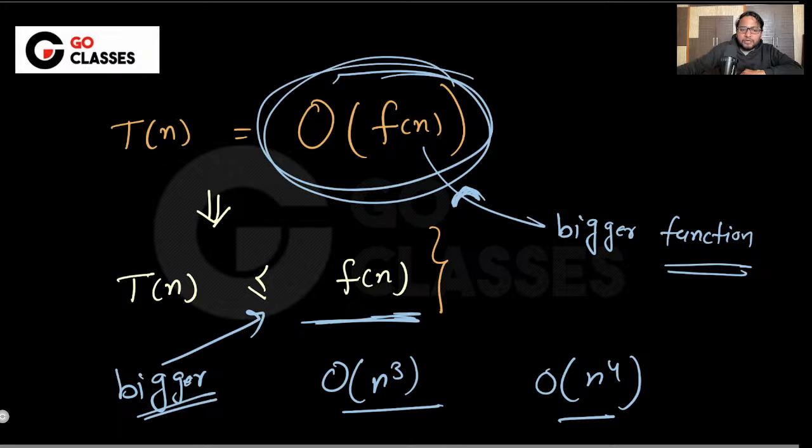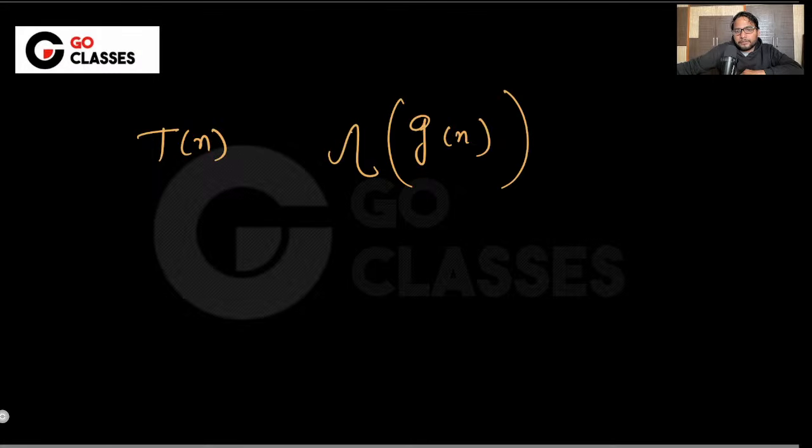Now if I ask you, if T(n) is, let's suppose, big omega of g(n), then what is your translation? What will you say? Is it lesser than or equal to, or greater than or equal to? This will translate to T(n) greater than or equal to g(n).